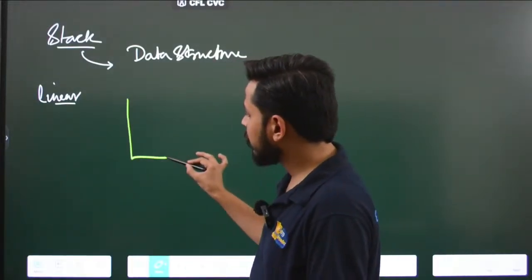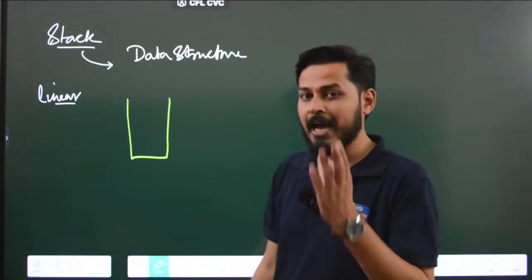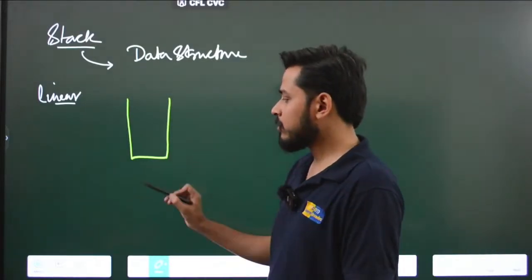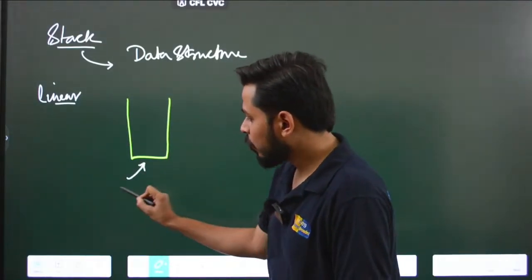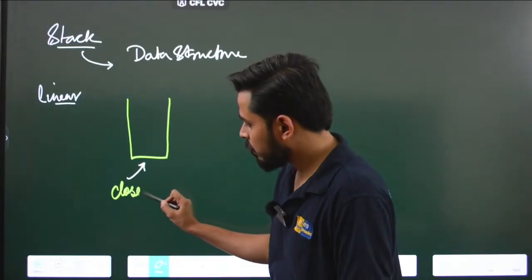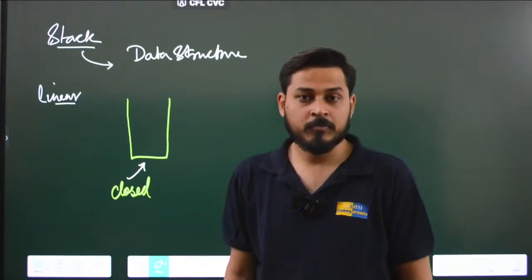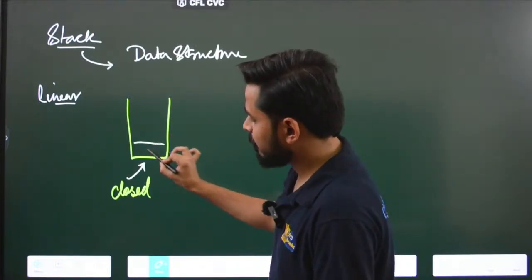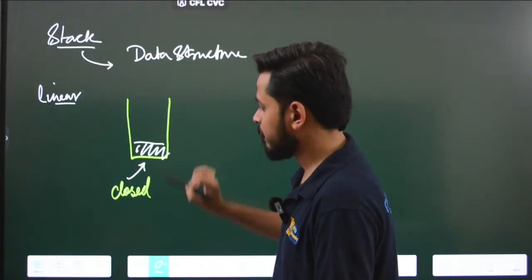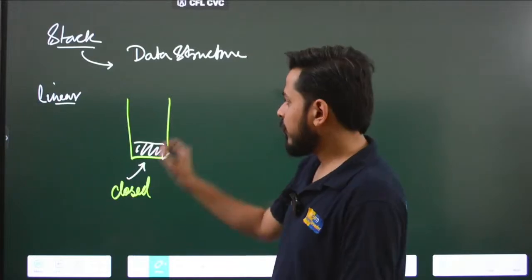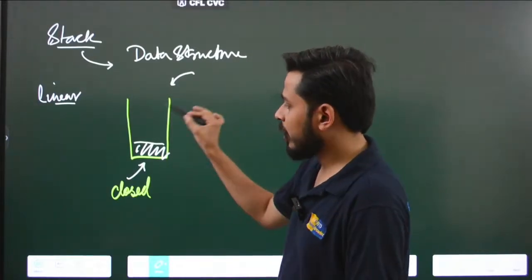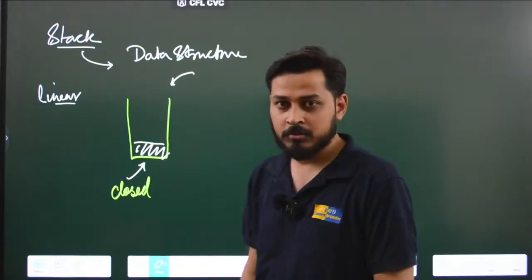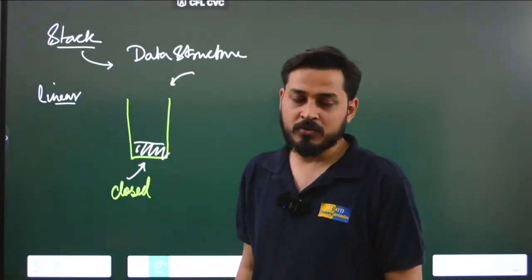When we are building the stack, it looks like this, where you see that it is closed from beneath. Let's say I am entering my first element. This is our first element. As soon as I enter the first element, it goes directly straight down to the closed point of the stack.